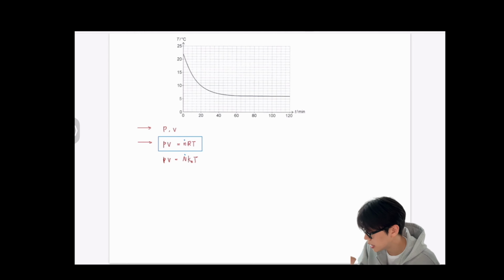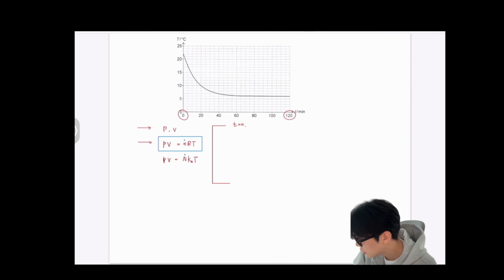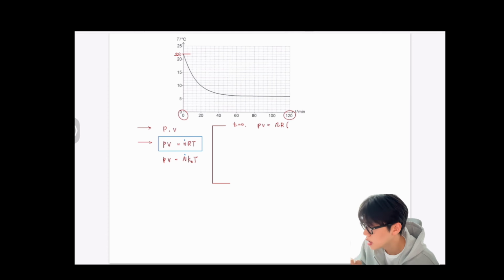The pressure and the volume are constant every single time, but we have to compare when t equals 0 and t equals 120 minutes. Firstly, t equals 0, and PV equals nRT. The temperature we use for t equals 0 is 22 degrees Celsius, but you cannot use 22 degrees Celsius in this equation because you always have to change to Kelvin.